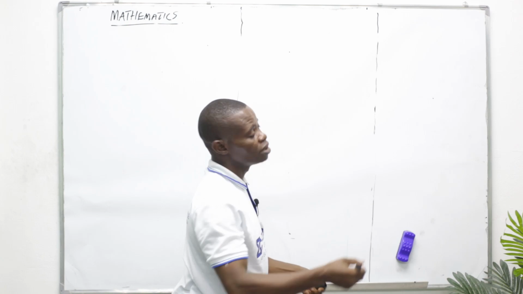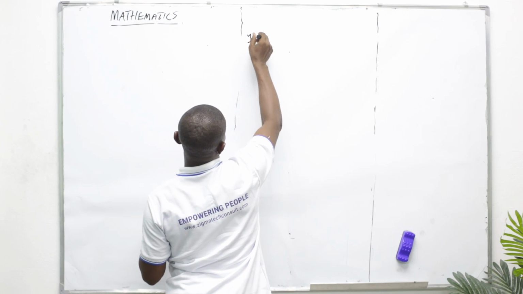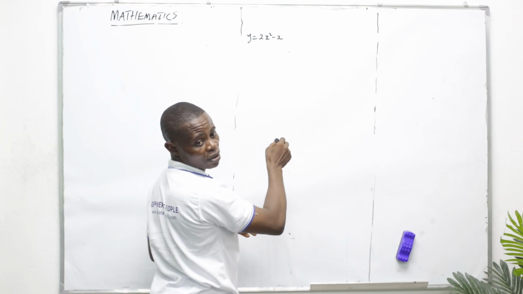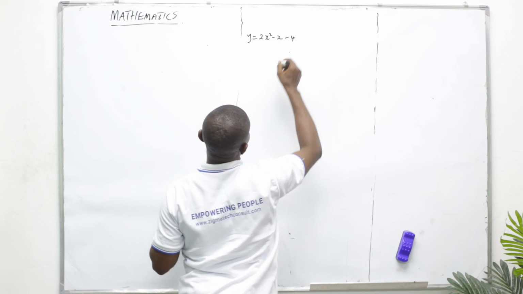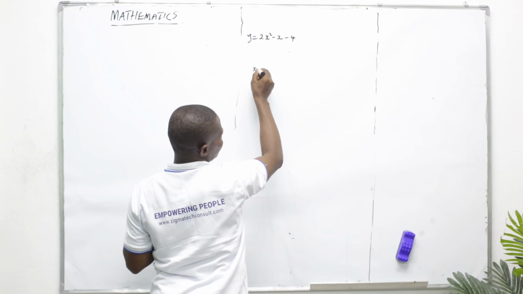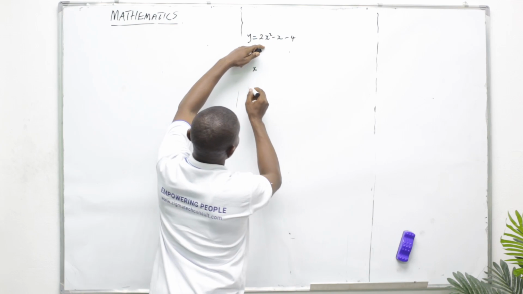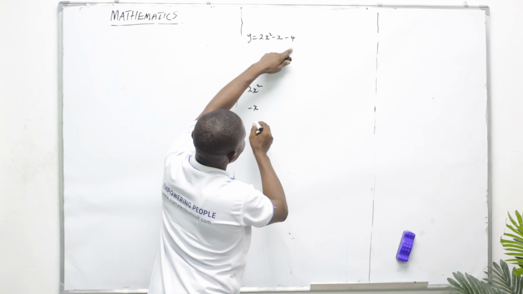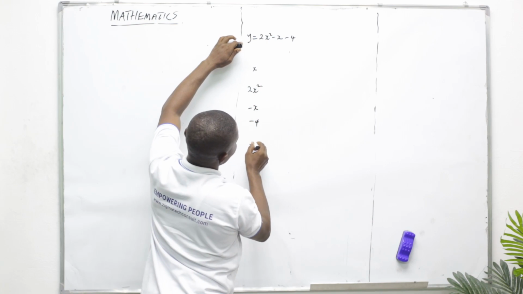For instance, look at the equation given to you: y equals x squared minus x minus 4. Your table now, see x. What is next? x squared. Who is next? Minus x. Who is next? Minus 4. Finally, y.